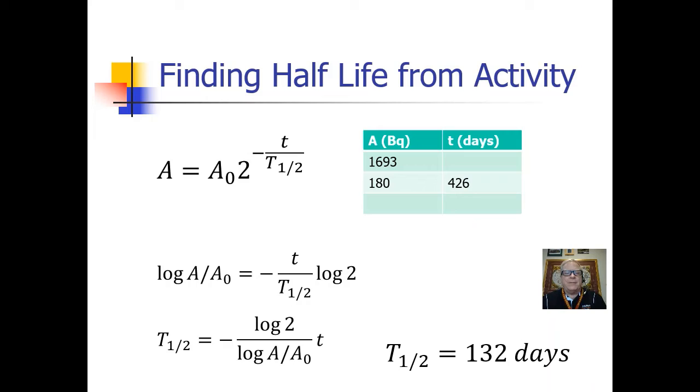Rearranging a little bit, we get that the half-life is equal to the log of 2 divided by the log of the ratio of the activities times the time that has elapsed between those two measurements. And plugging all those numbers in that you see up there and doing the solution, we get that the half-life is about 132 days. Now, on the samples themselves, it's labeled that the half-life of that polonium is 138 days.